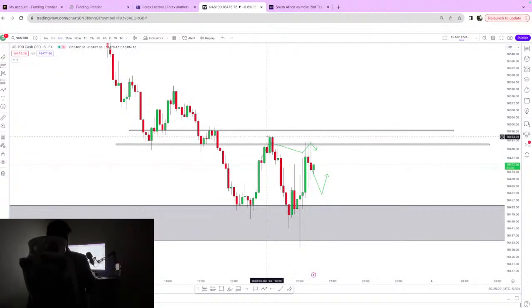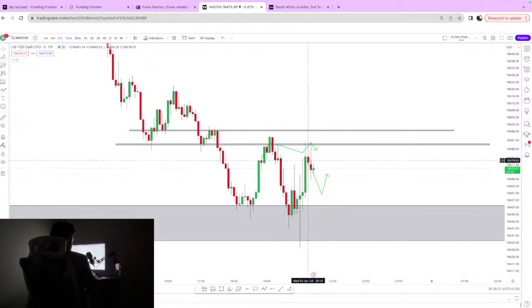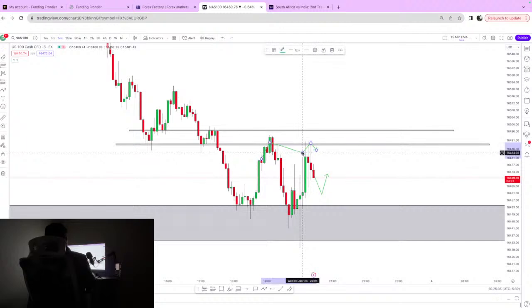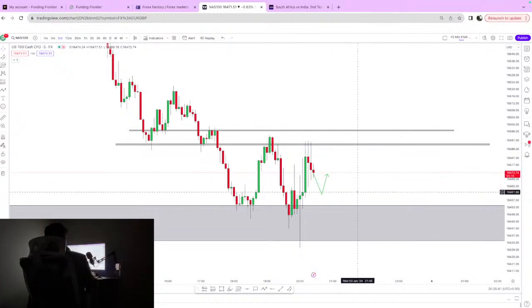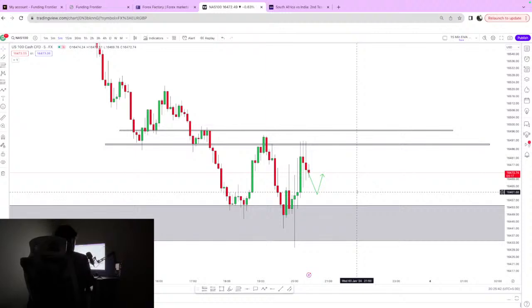Because of the same thing, the seller and buyer concept, it is a little downside. That means sellers are more powerful. So there are very high chances that the market shoots downside. But as I said, I'm not 100% confident, so I'm staying away.